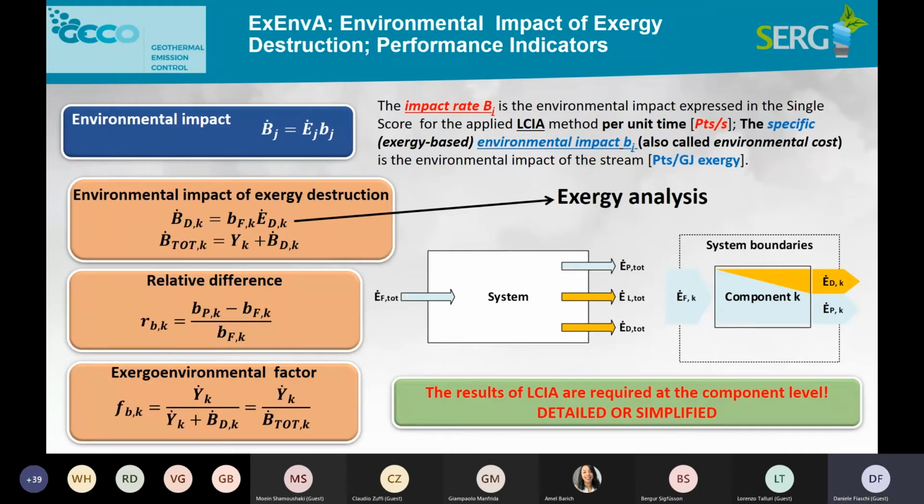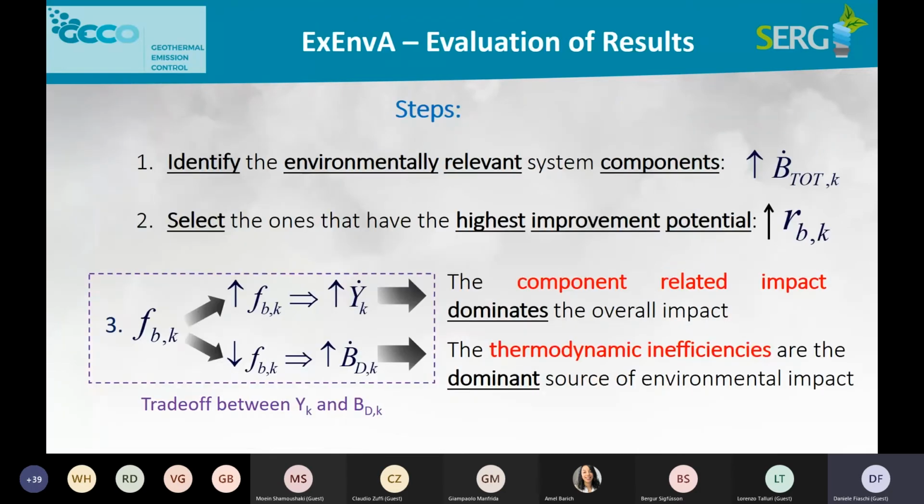They are useful in the evaluation of Exergo-Environmental analysis results, consisting of three fundamental steps. First, identification of the environmentally relevant system components, those with larger B tot. Second, selection of the ones having the highest improvement potential, those with larger rB,k.